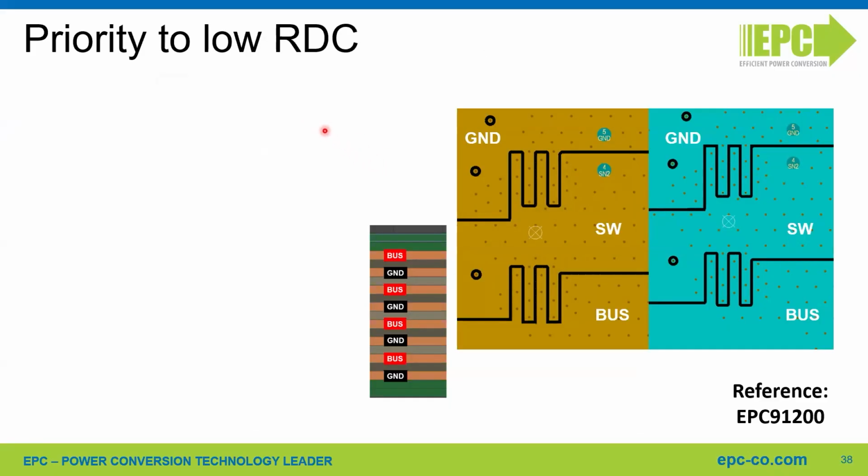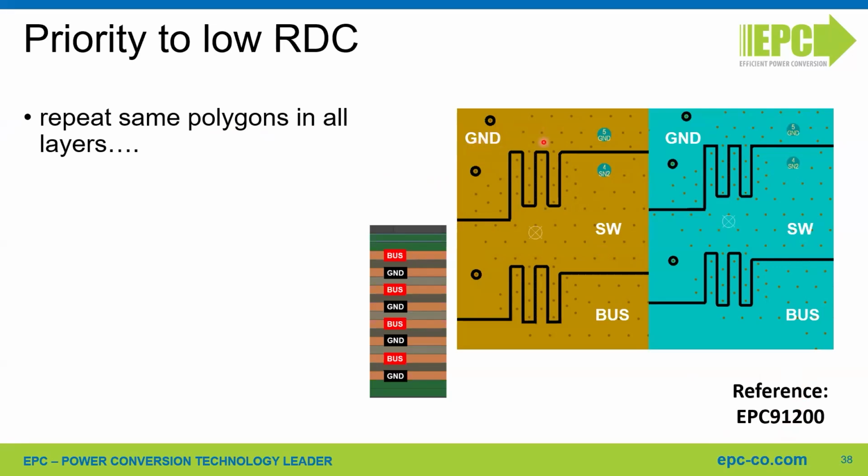So to obtain as low as possible DC resistance in the copper of the PCB, you can think to repeat all the same polygons in all layers. So in this case, we have the low side FET and high side FET. The reference board is the EPC 91200.